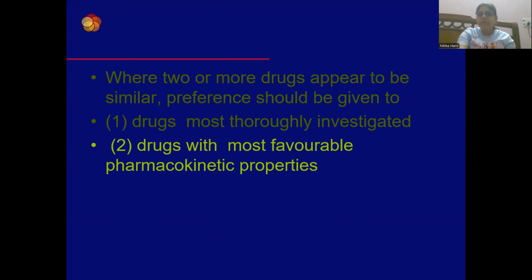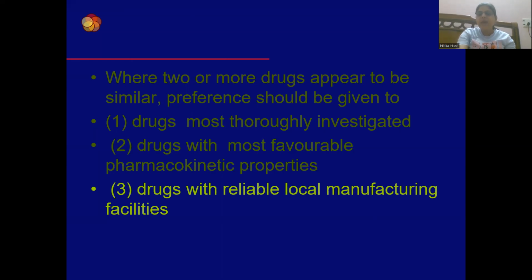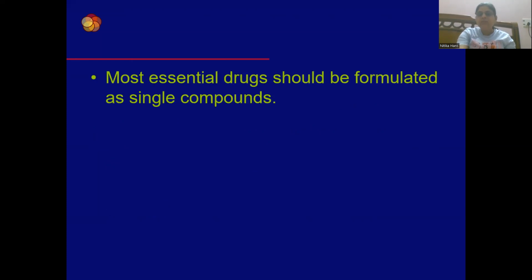Drugs with more favorable absorption, distribution, metabolism, excretion, and availability should be selected. Drugs with reliable local manufacturing facilities, means they are manufactured locally and easily available, should be selected. Most essential drugs should be formulated as single compounds.